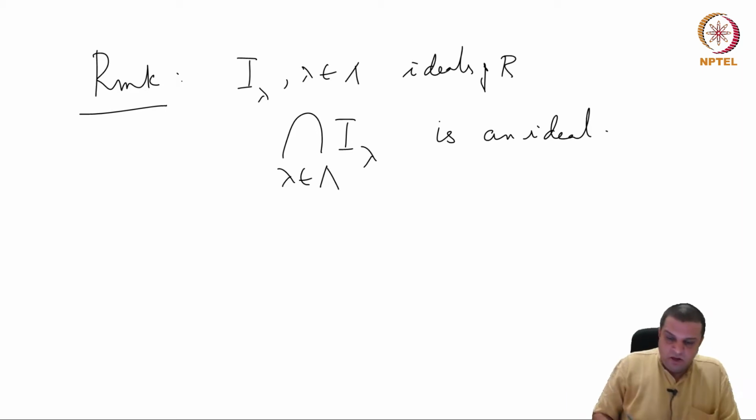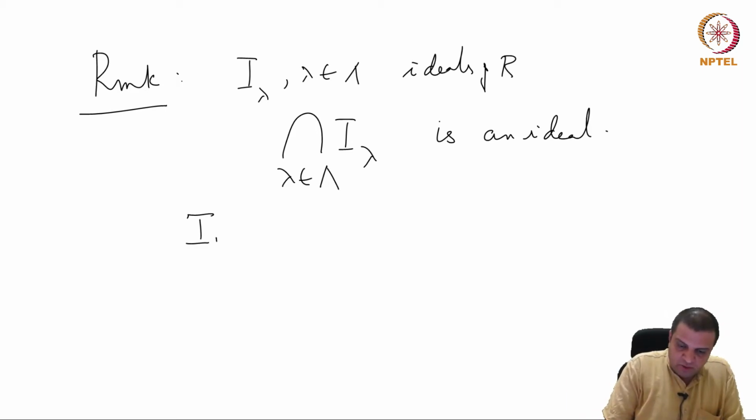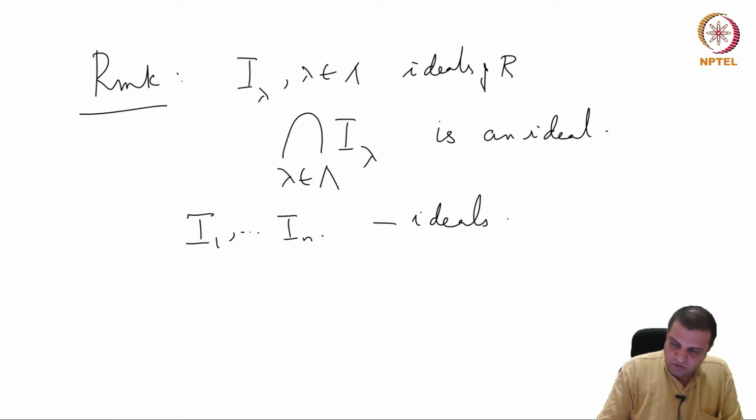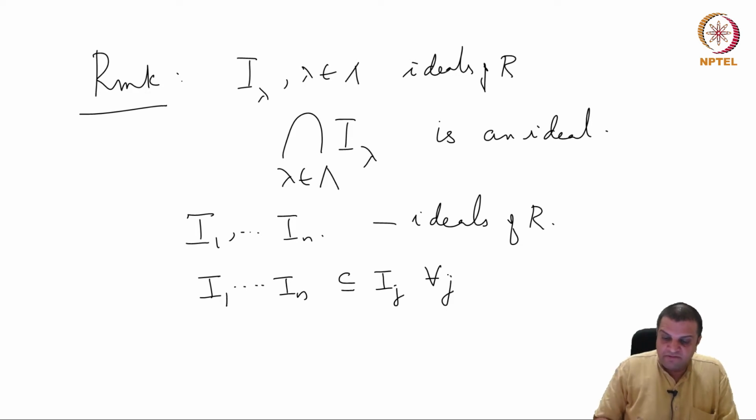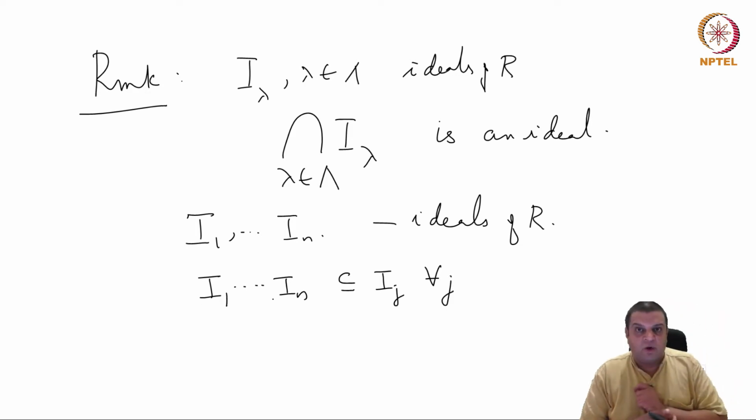Now suppose we just had I1 through In, ideals. If you take the product, it is inside Ij for every j. Therefore, the product of ideals is always inside the intersection of the ideals.